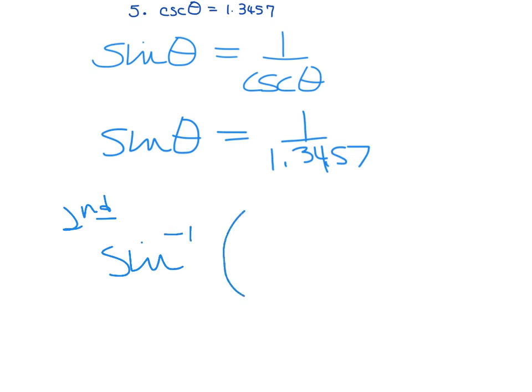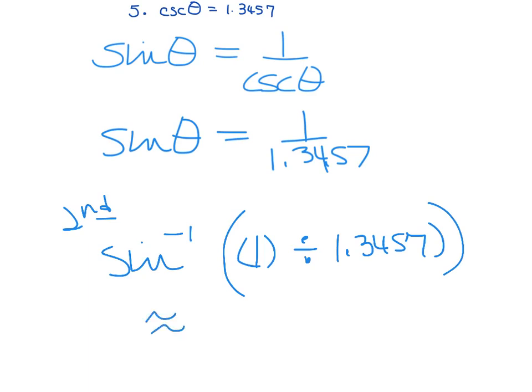And then when I key that in, I'm doing 1 divided by 1.3457. Close all these parentheses, and you should get approximately, we'll say 48 degrees. Round it to a whole number.